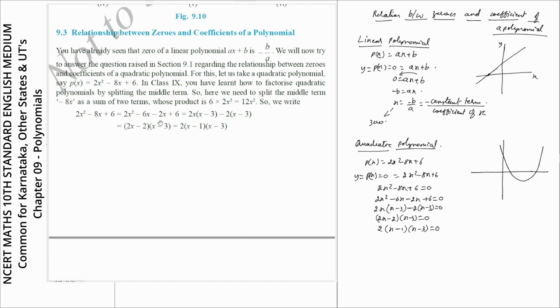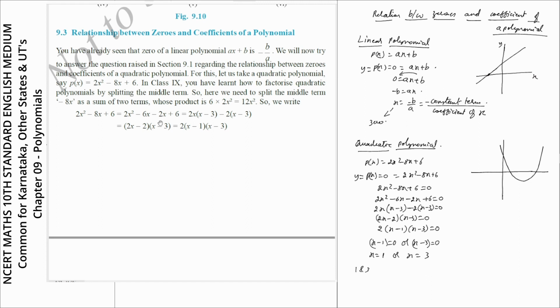Now this is equal to 0 only when x minus 1 is equal to 0, or when x minus 3 is equal to 0. So when x is equal to 1 it is 0, or when x is equal to 3 it is 0. Therefore 1 and 3 are the zeros of the quadratic polynomial given.